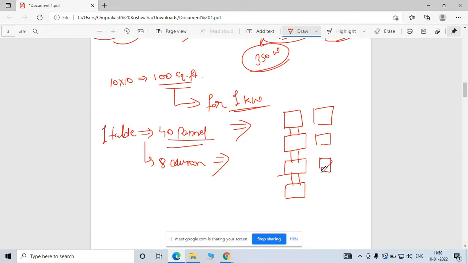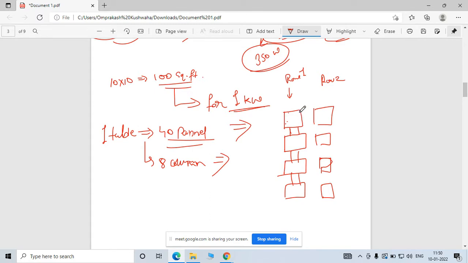So the spacing between these two rows, this is row 1 and this is row 2. So sun rays fall on this solar plate, right? The sun is not constant, it is revolving from east to west, right?